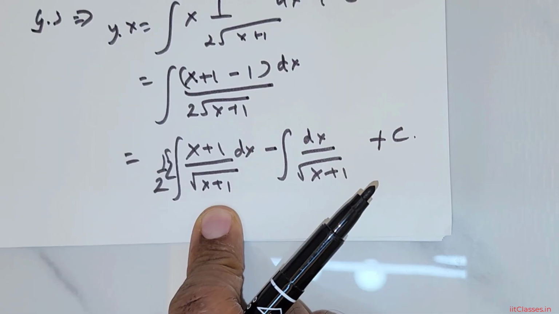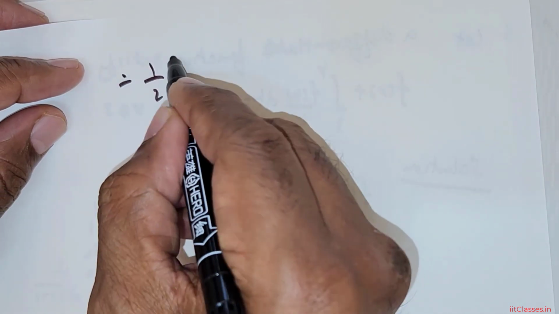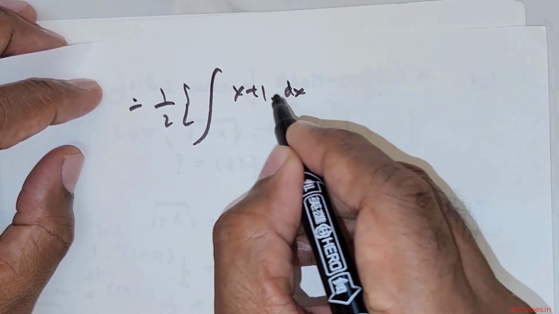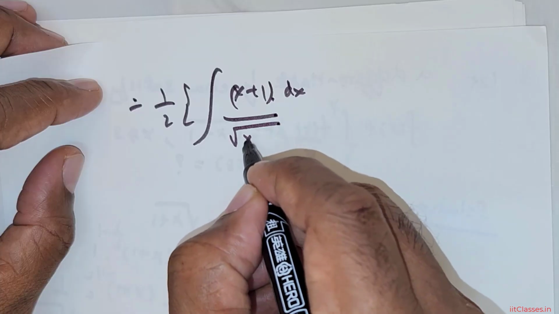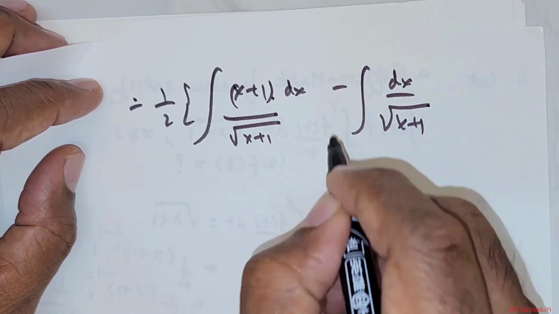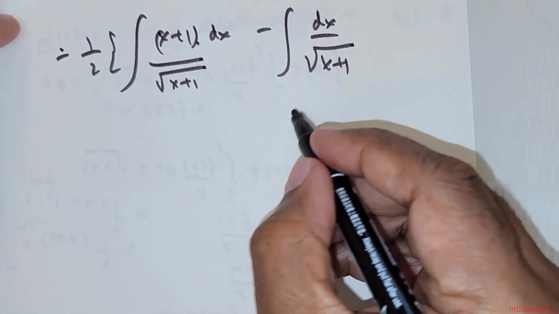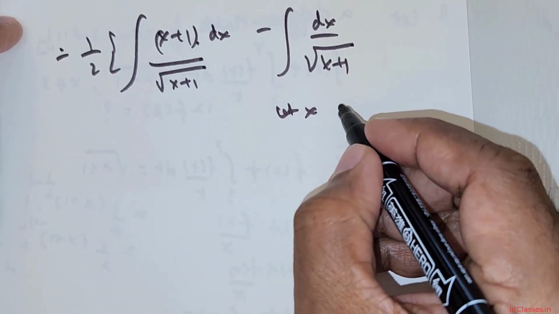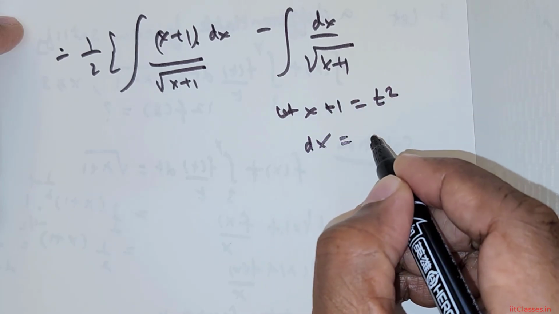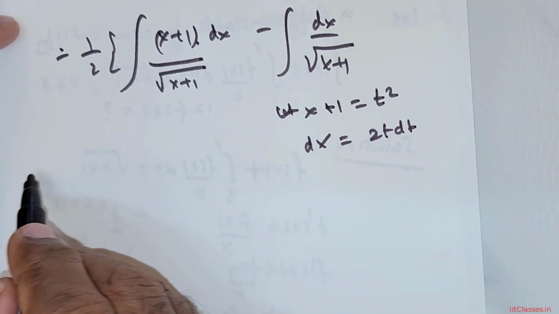Now how do we integrate this? So let me go and rewrite that on the next page. So what have we got? We have got 1/2 times the integral of (x+1) dx divided by √(x+1), minus the integral of dx divided by √(x+1). So what I wish to do is handle this first. Let x+1 be equal to t squared, so dx is equal to 2t dt.